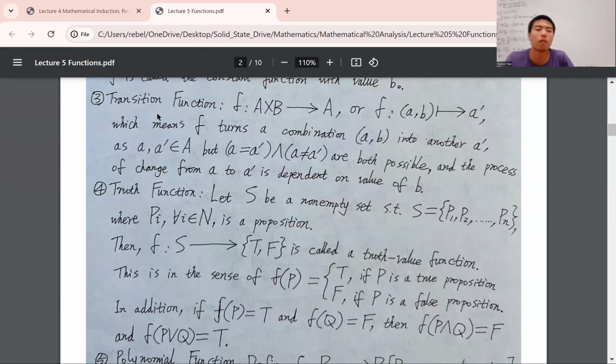And the third special type of function is the transition function. It is a dimension reduction function.